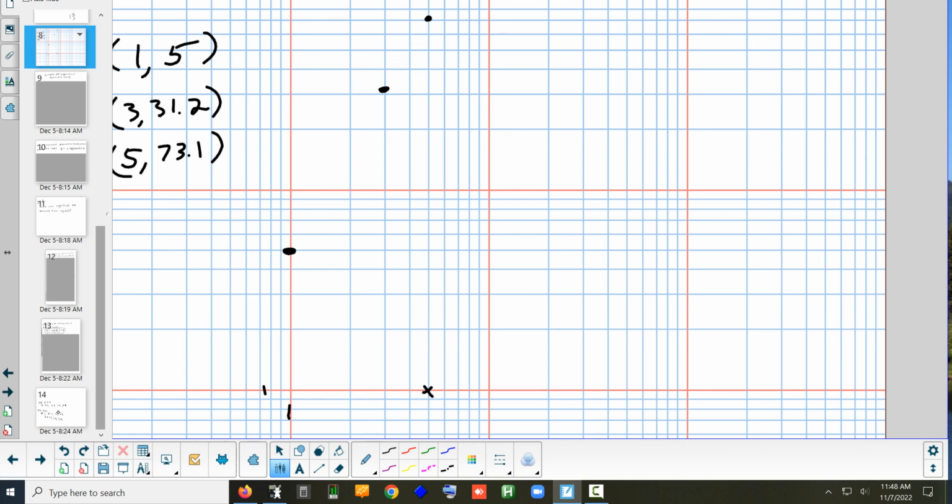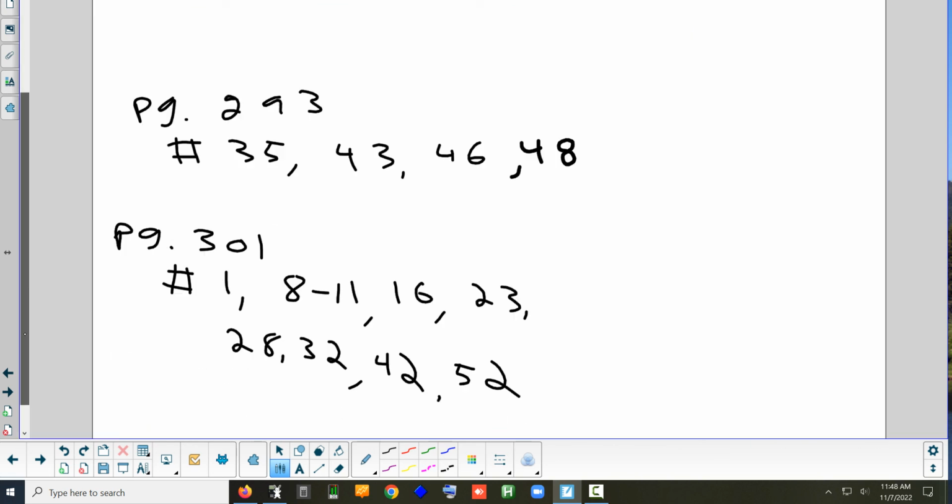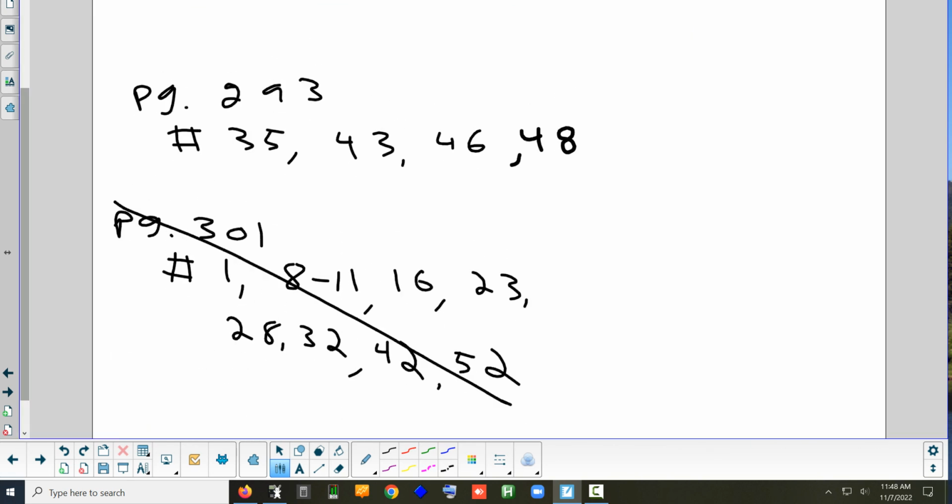All right, so we didn't cover 301. That's going to be part of tomorrow. Let me double check. Yeah, I might have to change that a little because we didn't cover anything on the bottom. Let's see.